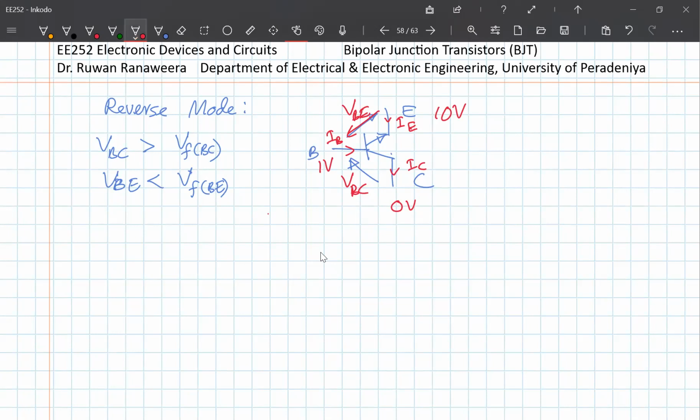In such situations, this IC over IB, beta, is not as big. So it's called beta reverse. This is about 5.